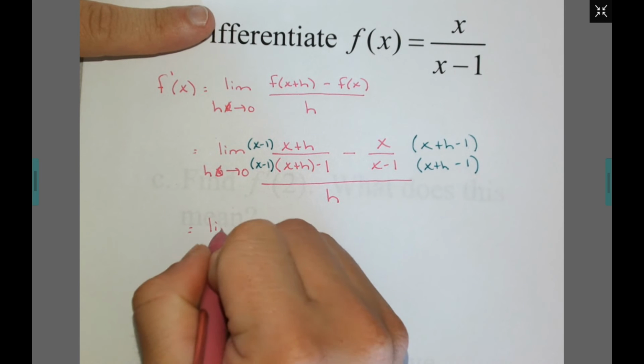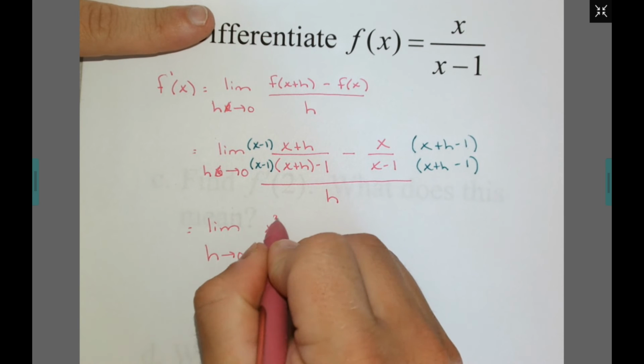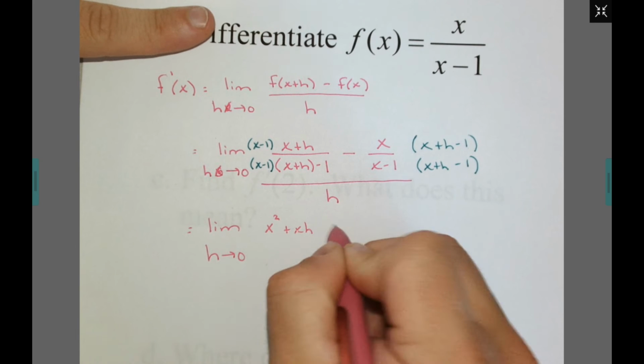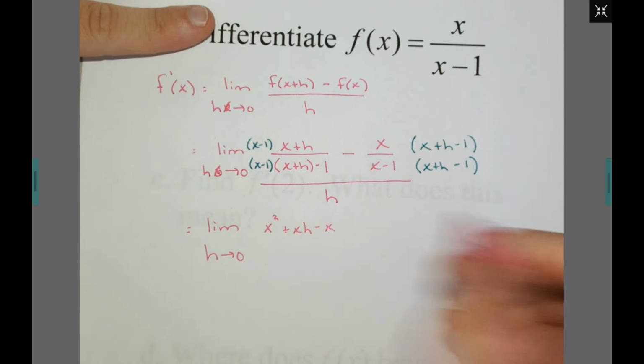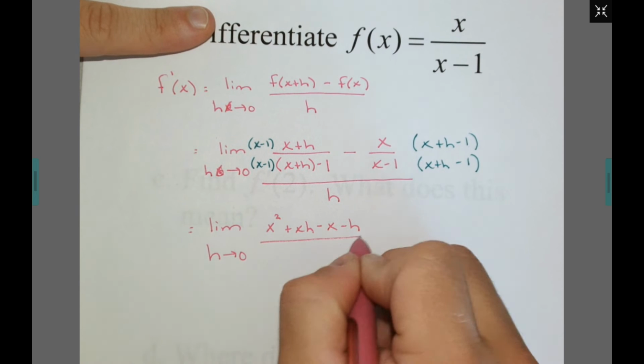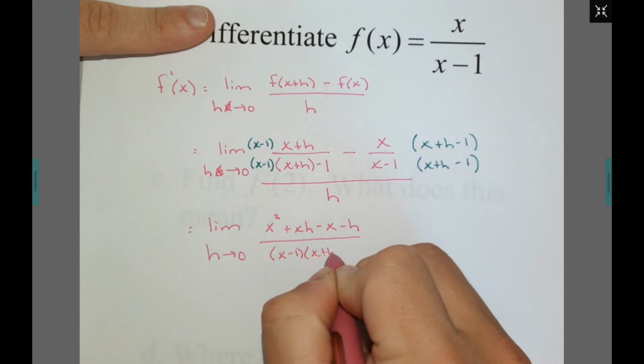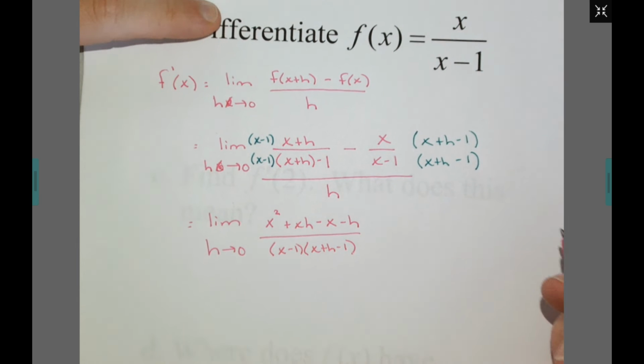Numerator, if I go ahead and FOIL that out, we are going to be left with x squared plus xh minus x minus h. Denominator, I'm not going to bother multiplying out. I'm just going to leave it x minus 1 and x plus h minus 1.